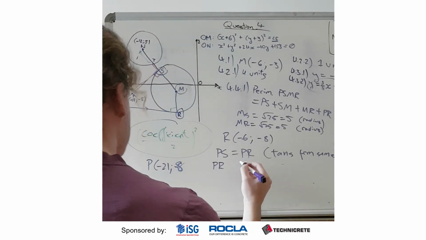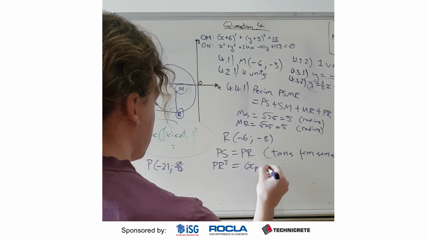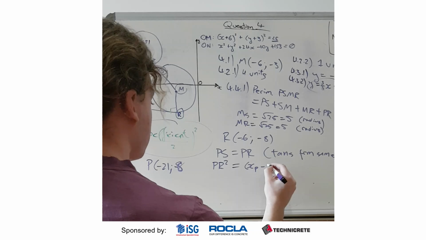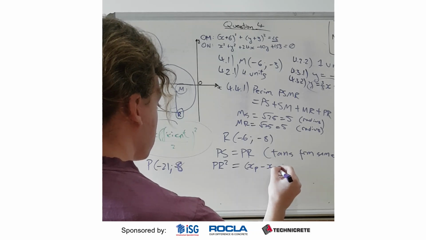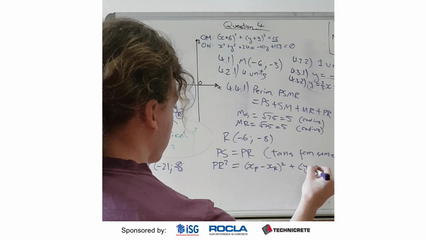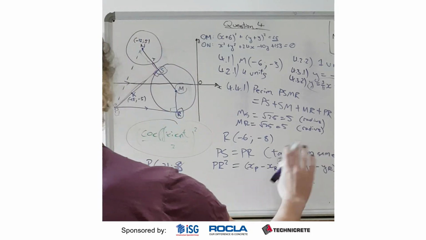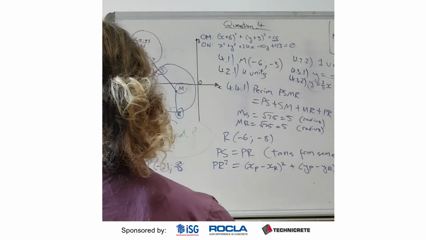As with all distances, it's just a Pythagoras thing, right? It's the x of P minus the x of R squared, the y of P minus the y of R squared. These two things can be swapped, it doesn't matter.